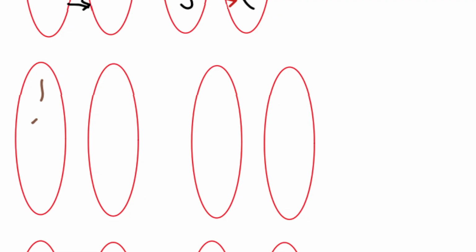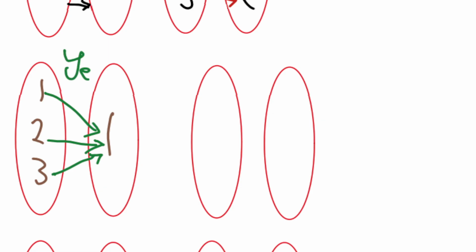If I have 1, 2, 3 here, and I have 1 here, for example, and the relationship is like this, is this a function? Yes. Why? Because they are non-empty and each one is connected to one of them, which is just correct.